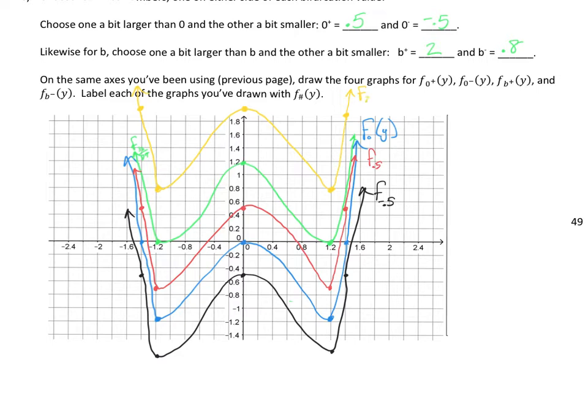F sub 2, and then I have to do f sub 0.8, and okay, so this is a vertical shift up 0.8 from the blue graph. So I'm going to just move all my zeros, my x-intercepts, up to 0.8.